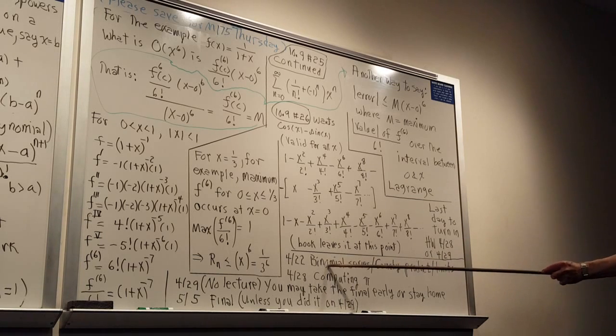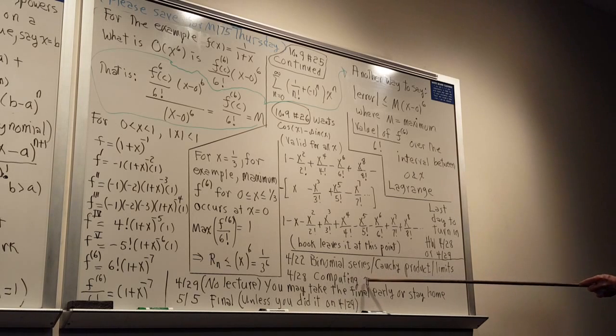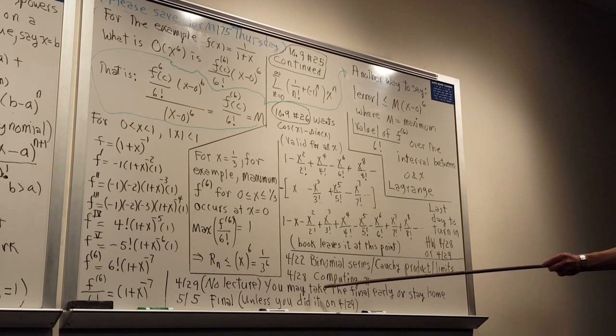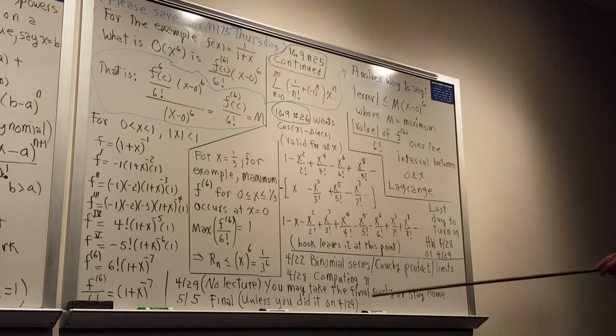So tomorrow we'll do binomial series, the last section in the chapter, Cauchy product limits. A week from today we'll talk about computing pi, and then a week from tomorrow you can come take the final if you want to take it early, be done with it. If you don't want to, don't show up, and you can come on May 5th, which is 2 weeks from today.